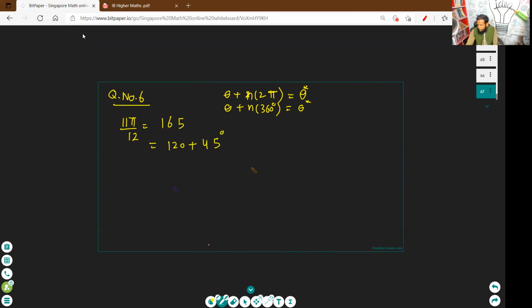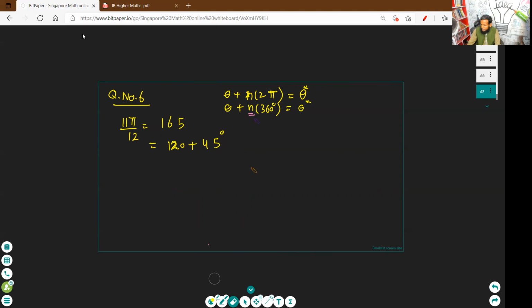You can change it in 2 pi form. You cannot change it in this form, theta plus n into 360. We cannot change it. Understand? Because n cannot be an odd number, right? It has to be even.